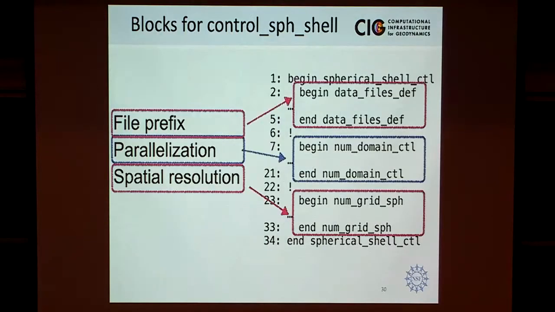It consists of 3 blocks. One is the definition of the data file names, and next is the parallelization information. Today I'll skip this block. And the last part is the definition of the spatial resolution. That's it for this pre-processing program.